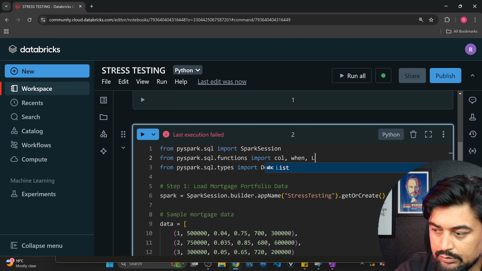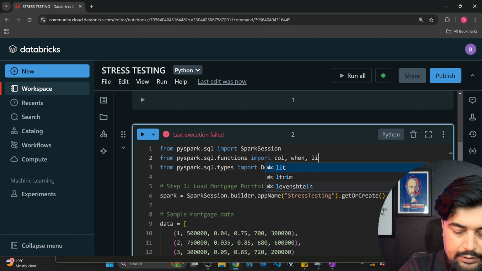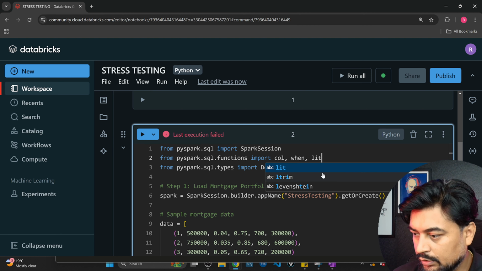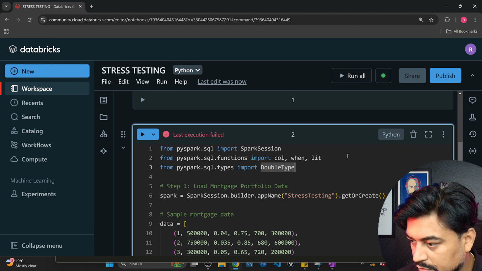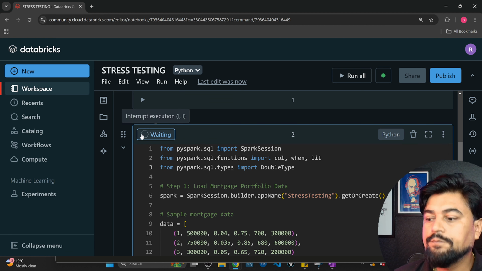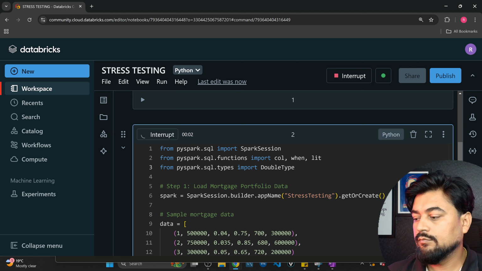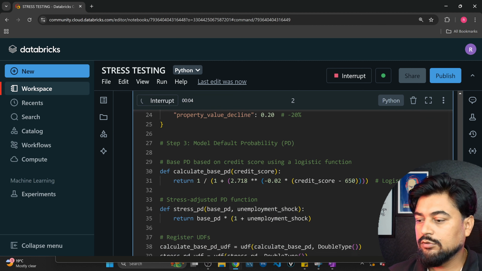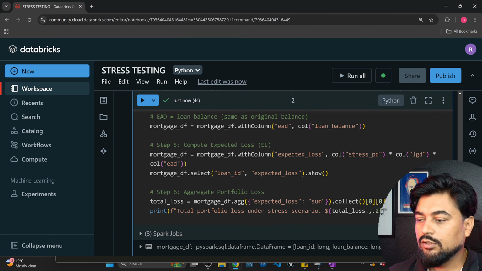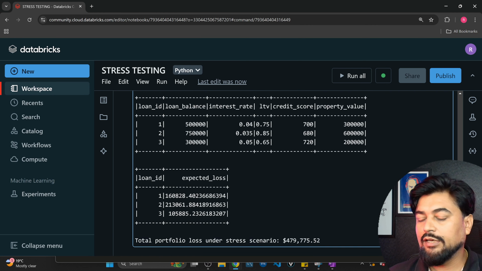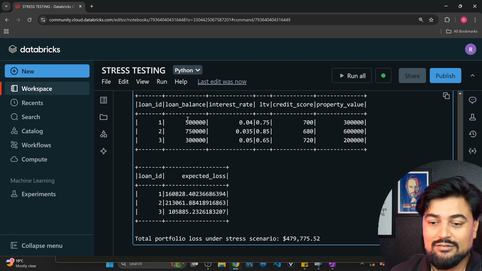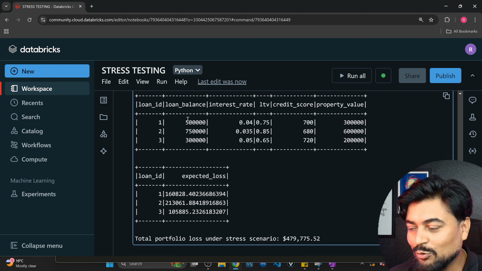It will come in lit, because this was needed. Now let's run this piece of code. This one is executing now. Okay, perfect, great. So sometimes this happens, guys, because sometimes your kernel is open for very long time. So don't do that.